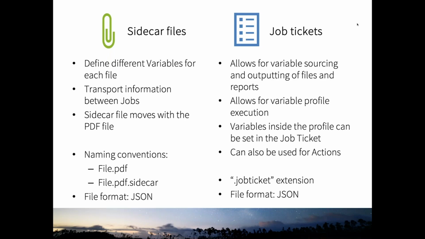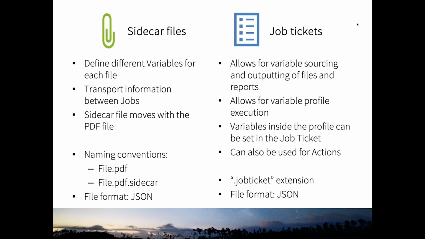So if you build like a cascade where the output folder of the first hot folder setup is the input folder of the second hot folder setup, then you could use Sidecar files to transport information between those different hot folder setups.